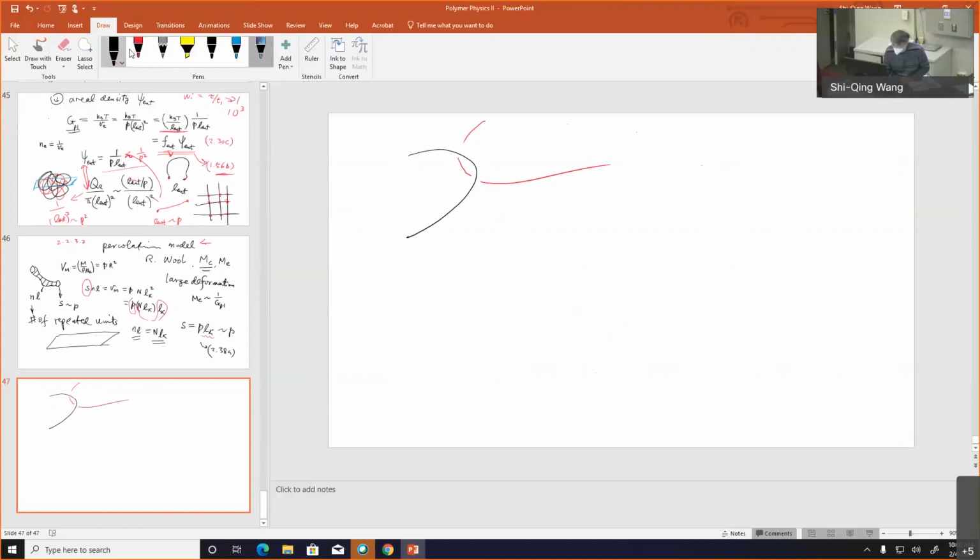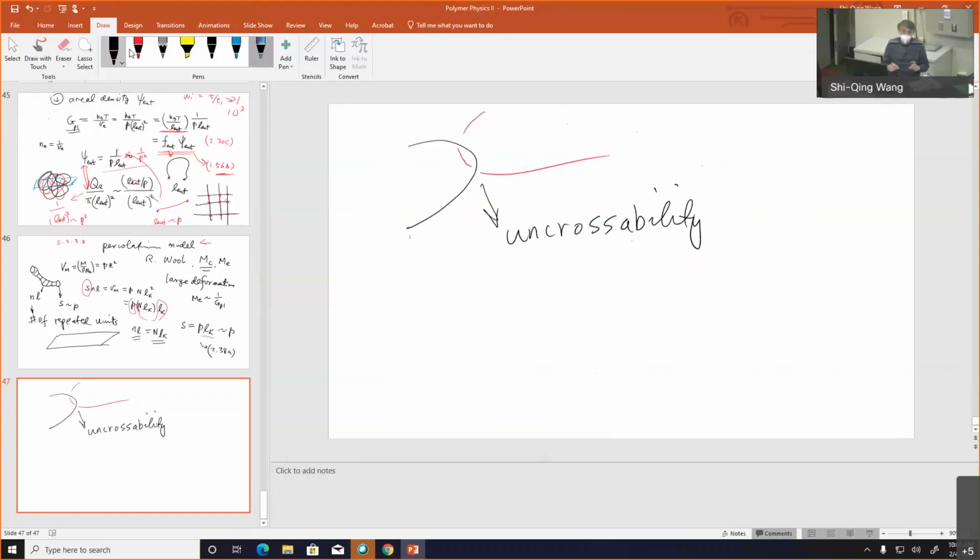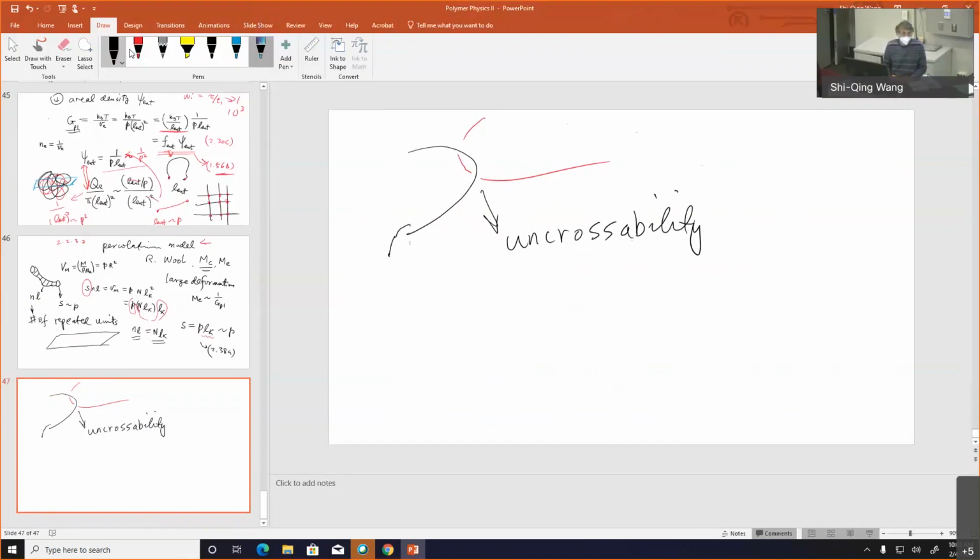And this arises merely from the fact that the chains cannot cross. It cannot cross, unless you break the chain, but we're not in that limit. Not only that, of course, you have the next one, and keep going.